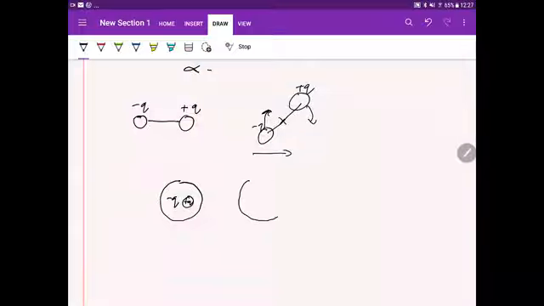So if I stick an atom which is completely neutral next to an atom that has some dipole, because of the electric field of this atom on this atom, it will start to create a separation of charge even within a neutral atom.